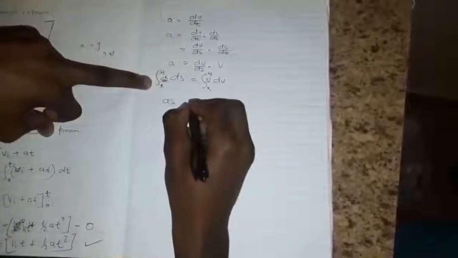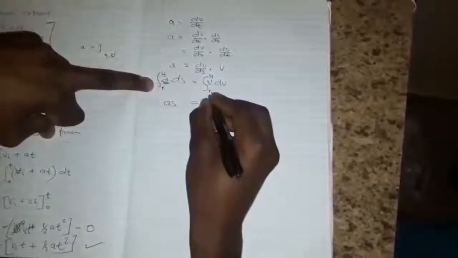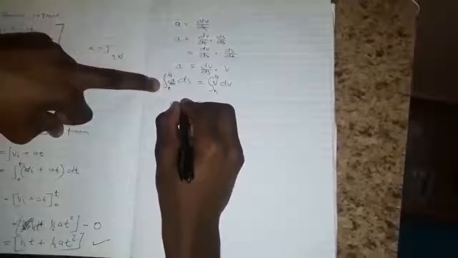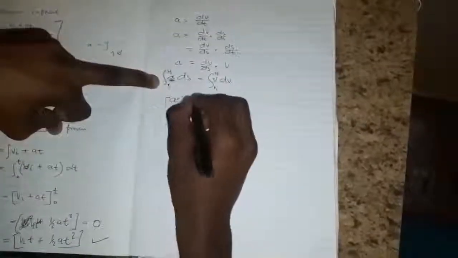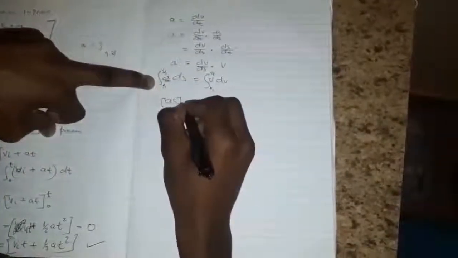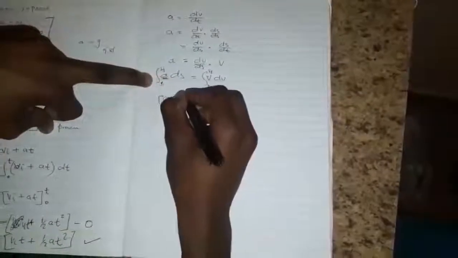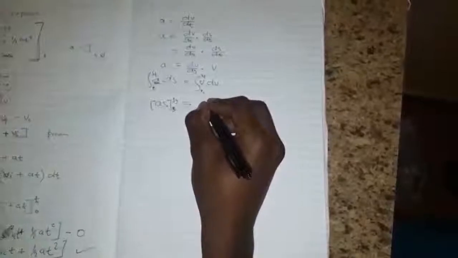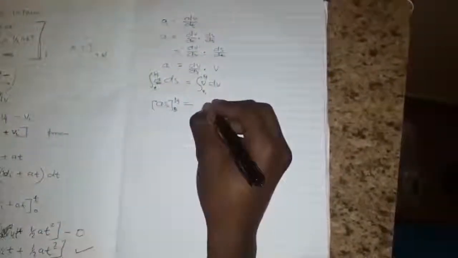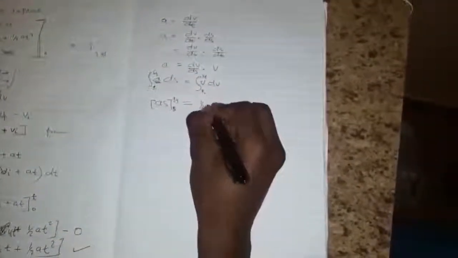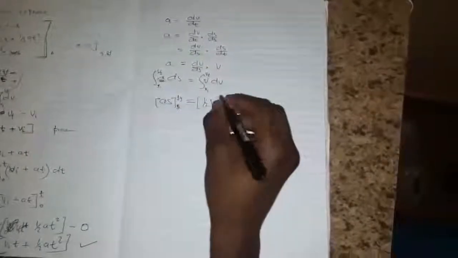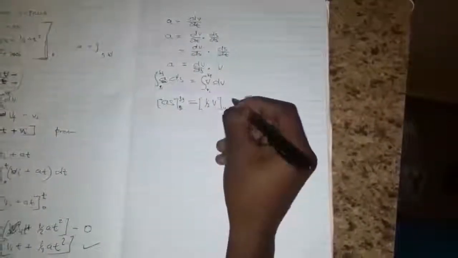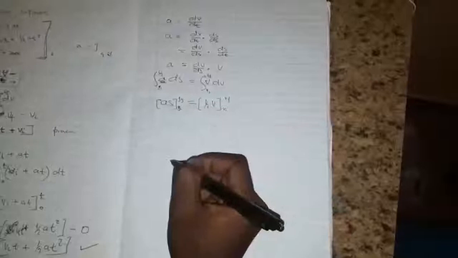Then you have as equal to as from initial distance to final distance, and half of v from initial velocity to final velocity.